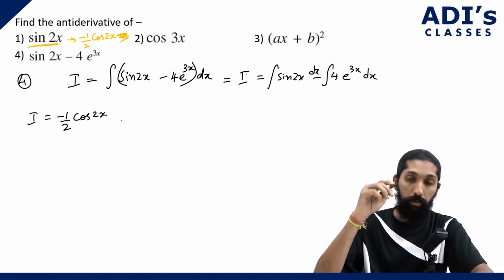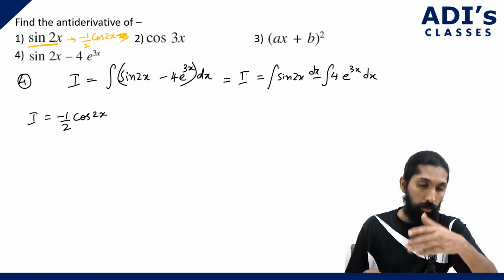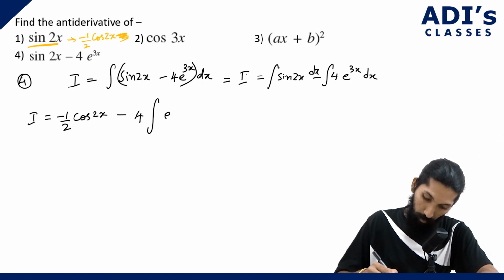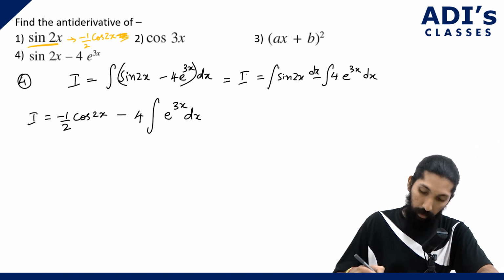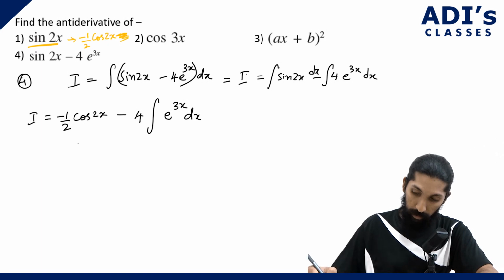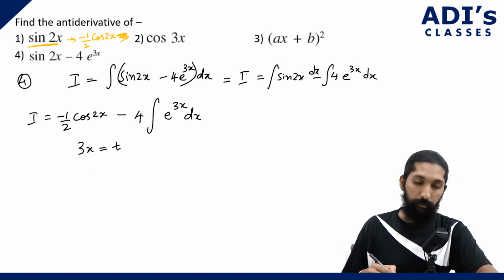So minus 4 is a constant. So keep it outside the integral sign. Right? Integral of e to the power of 3x dx, right? The power of 3x is there. So what we'll do, we'll take 3x is equal to t, a small change of substitution.